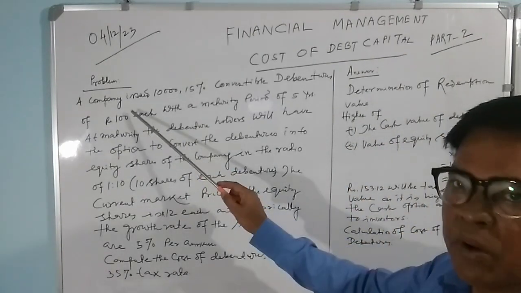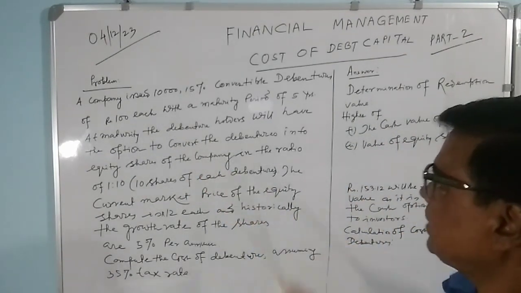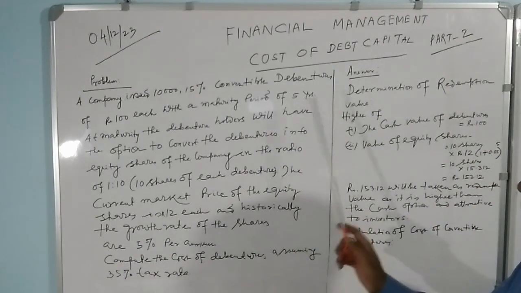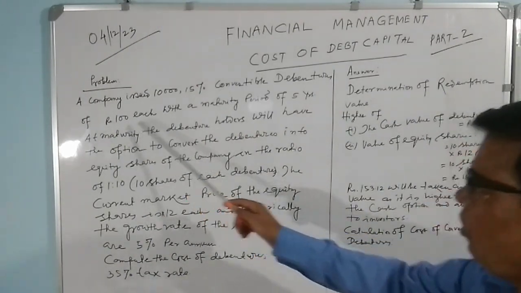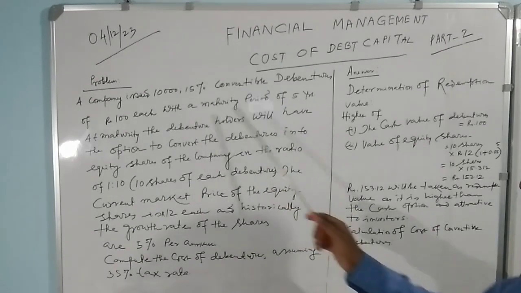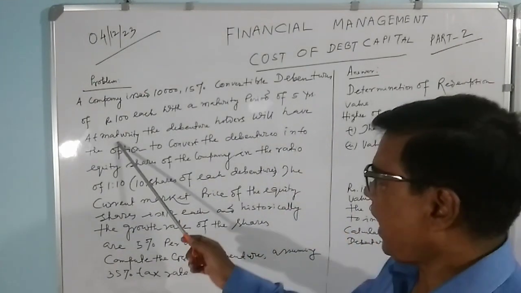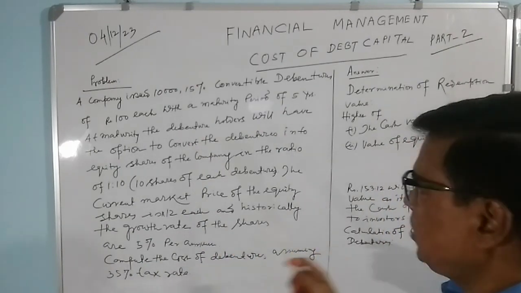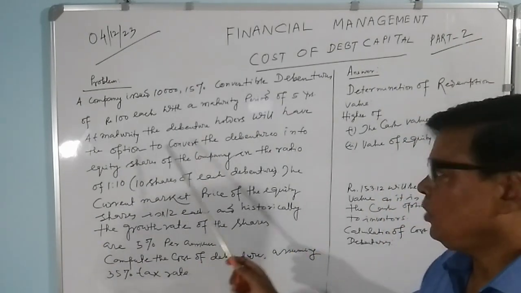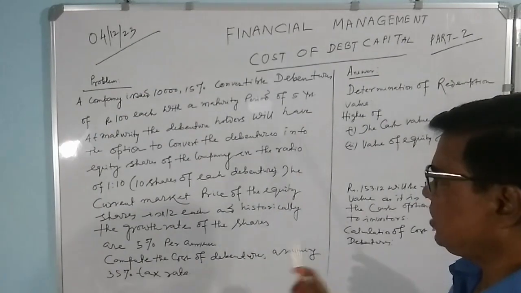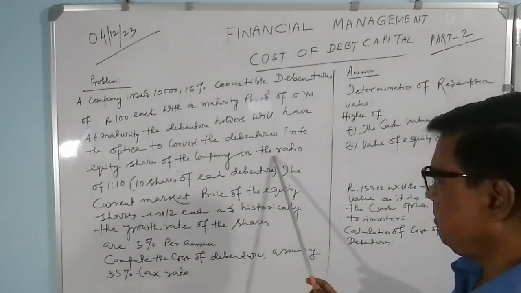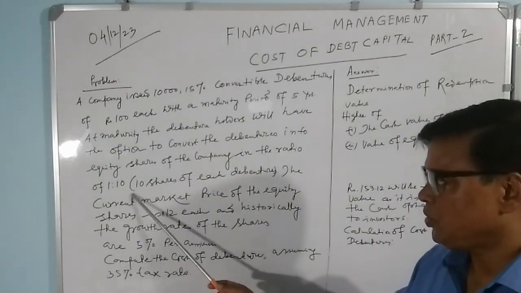You see that here one problem is there. A company issued 10,000 15% convertible debentures of rupees 100 each with a maturity period of 5 years. After 5 years it will mature. At maturity, the debenture holders will have the option to convert the debentures into equity shares of the company in the ratio of 1:10.